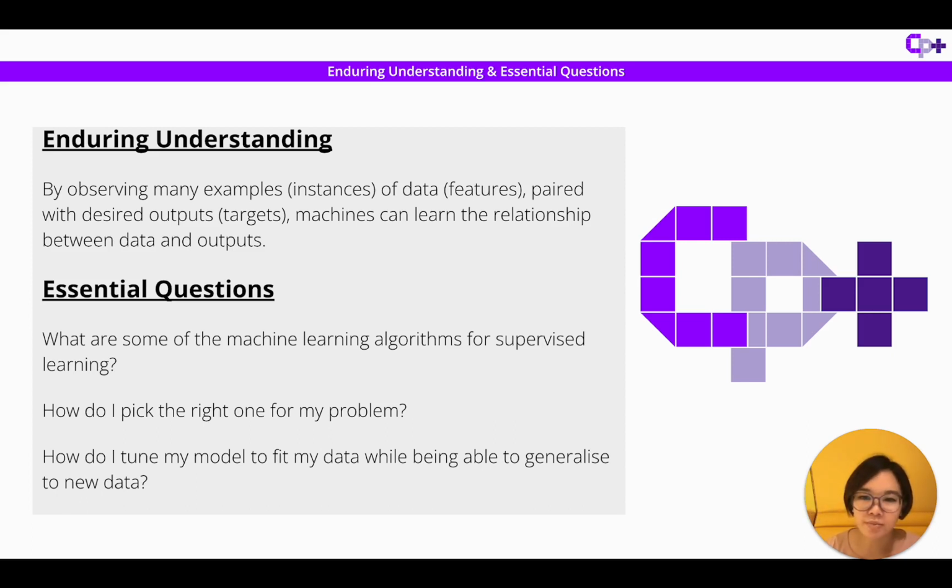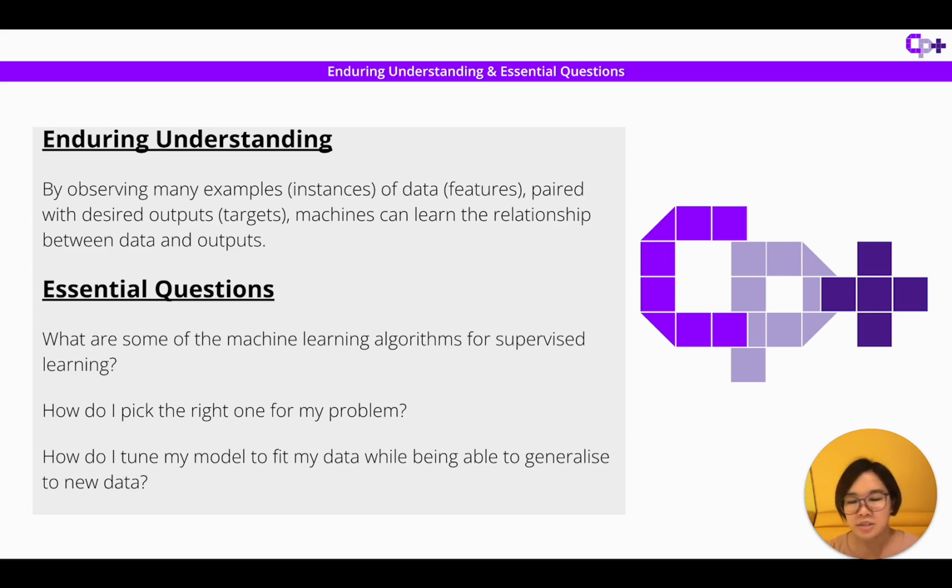We call it supervised because the targets, the answers, are also provided to the machine, and so the machine can do some auto marking and see whether it has gotten the correct answer, and if not, it needs to adjust its methods in order to achieve the correct answer most of the time, if not all the time.